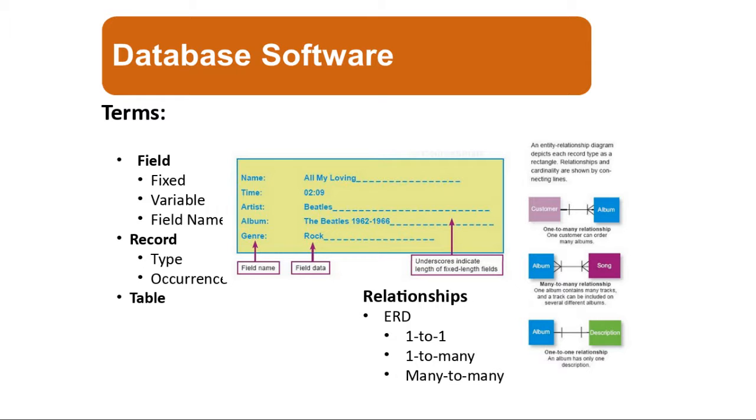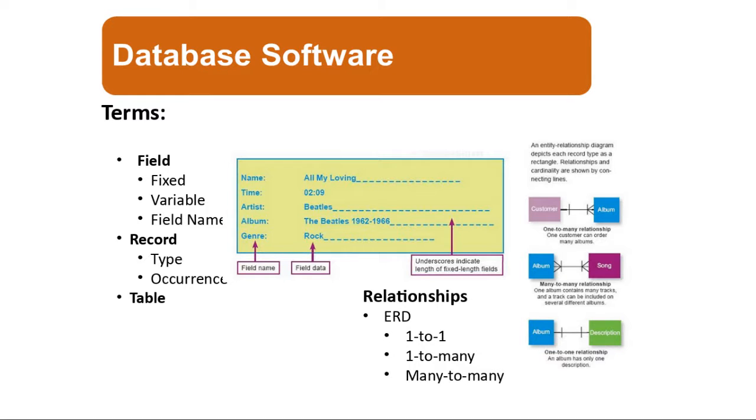So this right here is probably a variable field. No, it's probably a fixed length, but maybe it's like 25 characters. But it's always going to take 25 characters, whether that album title takes all 25 or not. If it were a variable length, then it would only take what it needs to display that data.